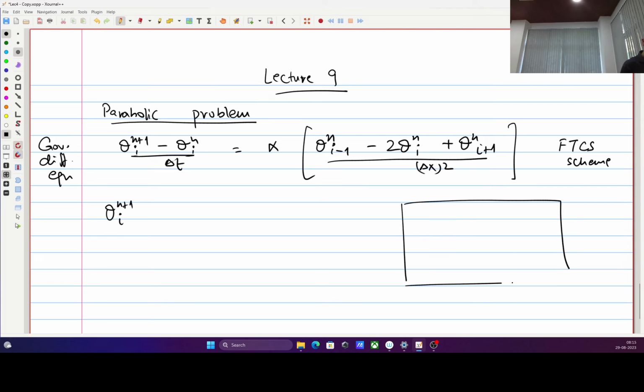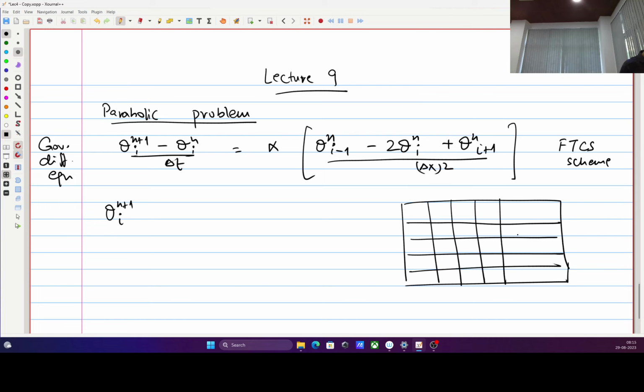If I draw the stencil of the scheme, this one is I comma n, and we are writing n plus 1 comma I in terms of I comma n, I minus 1 comma n, and I plus 1 comma n.